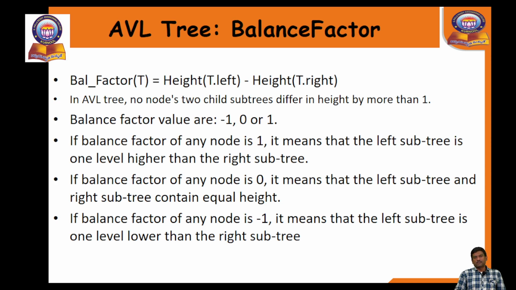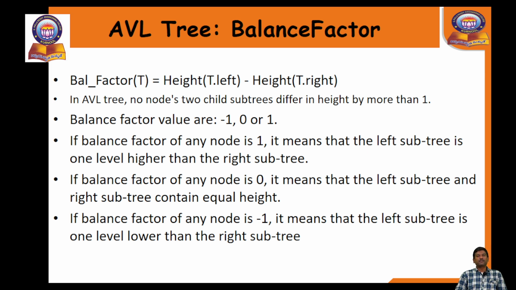So that is a kind of brute force method to identify whether it is an AVL tree or not, to guess at least at the initial stages. Now consider the technical way of identifying whether it is an AVL tree or not. So here, as I mentioned, there are certain parameters related to the AVL tree.